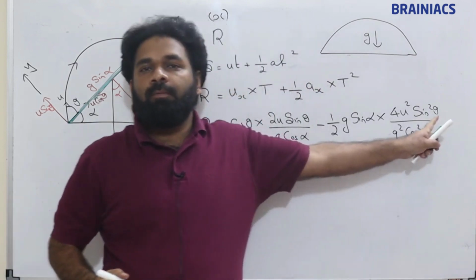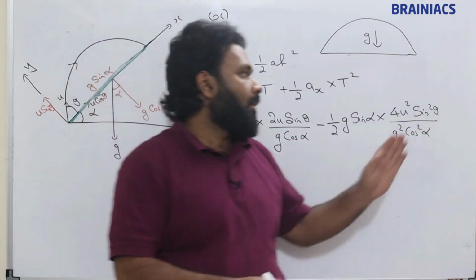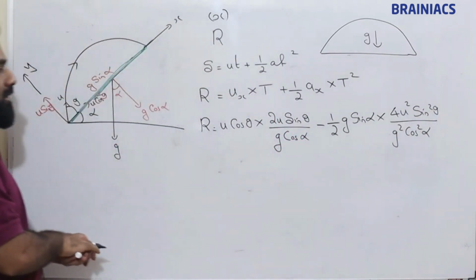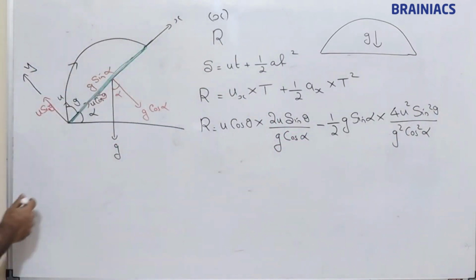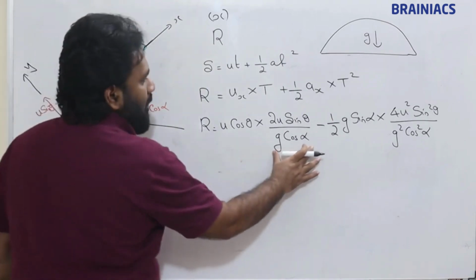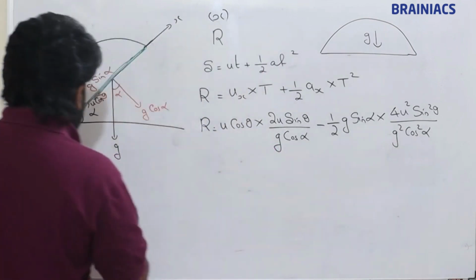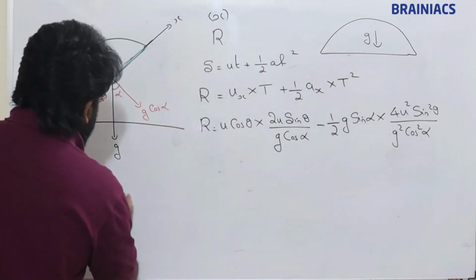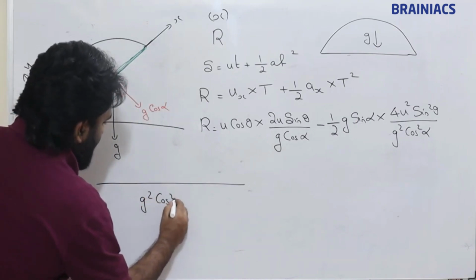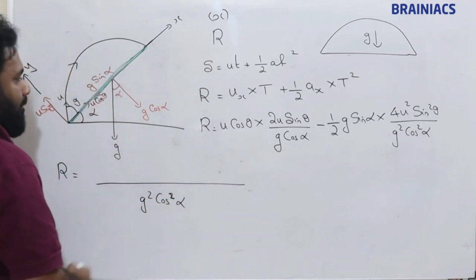Is it visible? Yes. Okay, so this is what is range. So we will simplify. R is equal to g cos alpha, g square cos alpha. We will take the LCM. g square cos square alpha is the LCM.